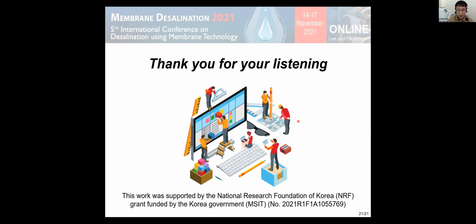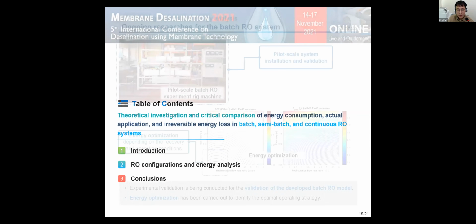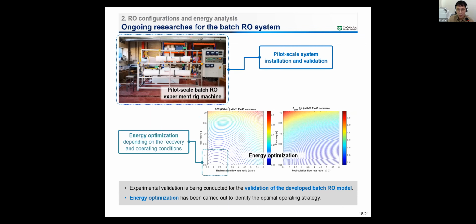This is because in the scale of operation, for the batch RO system, the large scale pump should split the feed line into each batch RO system, but the capacity of the freshwater production is limited by the size of the RO module.